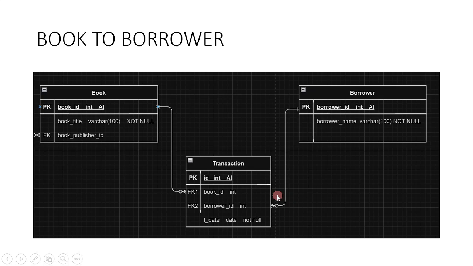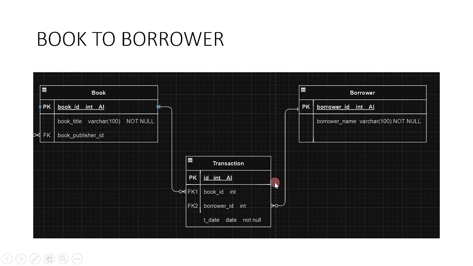Book to author and book to borrower. One or many borrowers can borrow one or many books. So that is why we have here many to many, and therefore we have here an extra table or entity. I just called it transaction because we are going to record here all books borrowed or transacted by the borrower.